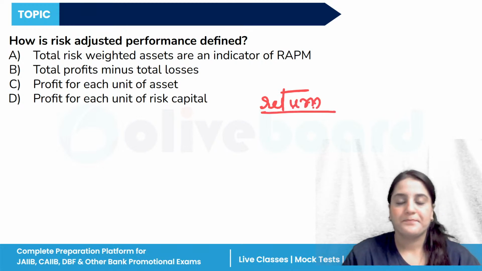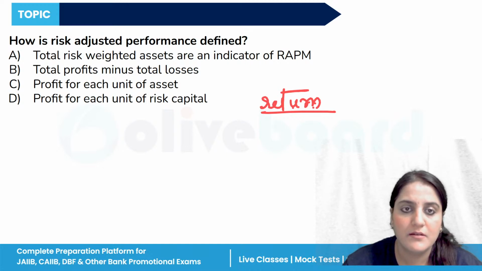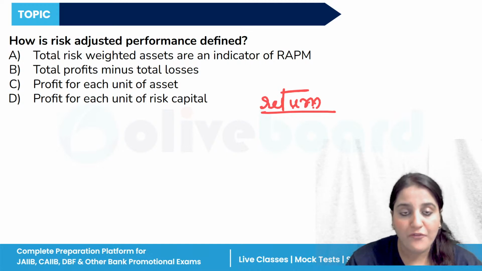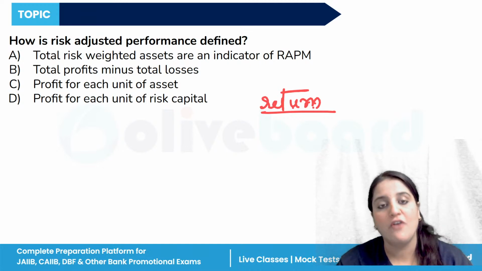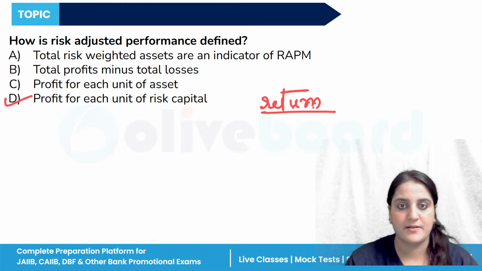So, it is defined as profit for each unit of risk capital. This is the correct answer here. That means option D is correct.